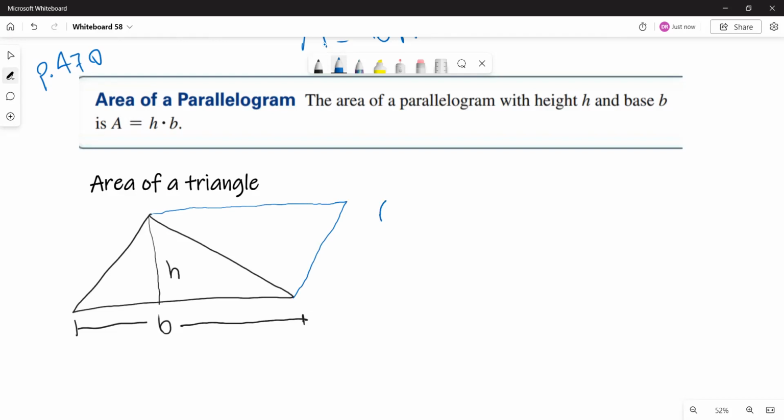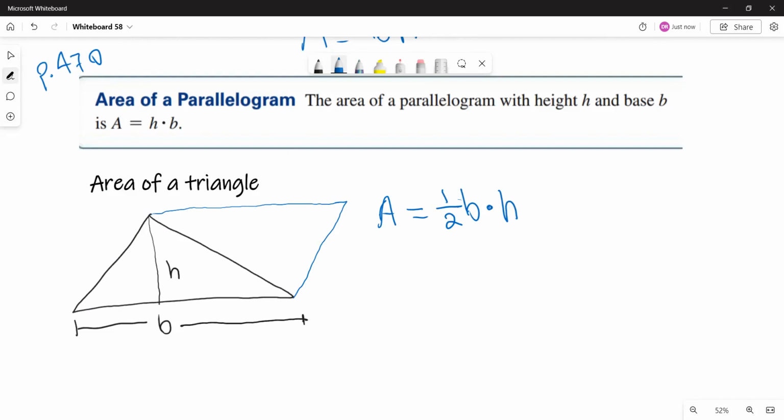So the area of the parallelogram is going to be height times base, or base times height. But we're looking for the area of a triangle. So the area of the triangle is going to be one half times base times height.